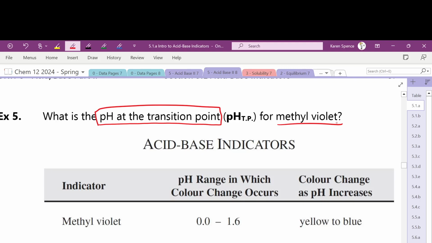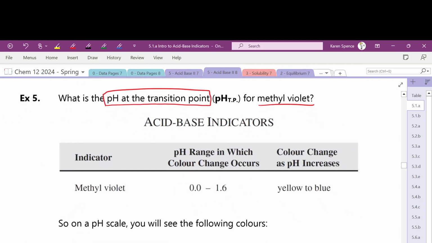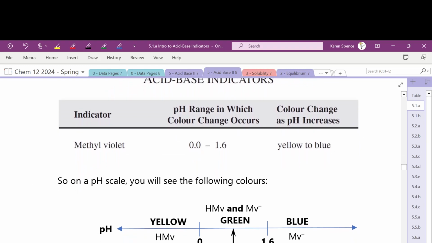So if we were to draw out our pH scale, we would see that at 1.6 or higher, it's going to be blue. And our predominant species is the base form, the MV minus.